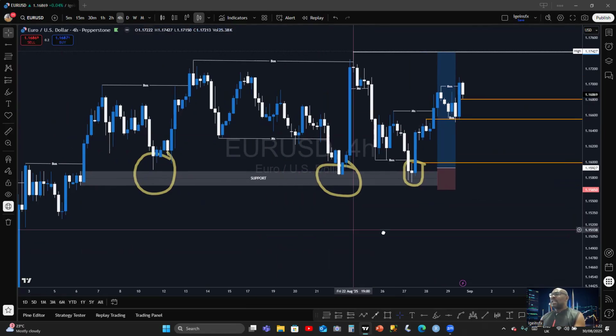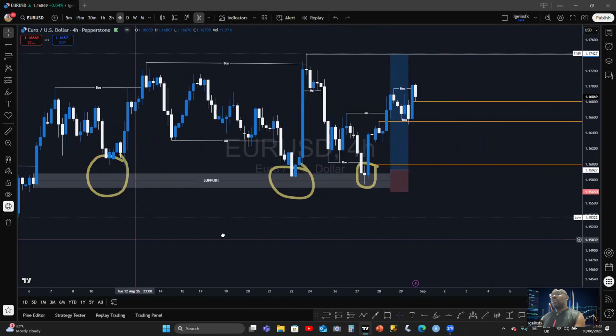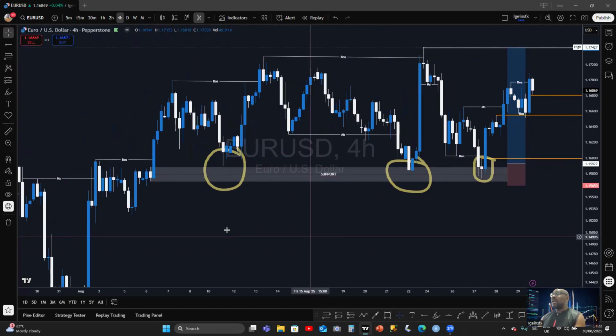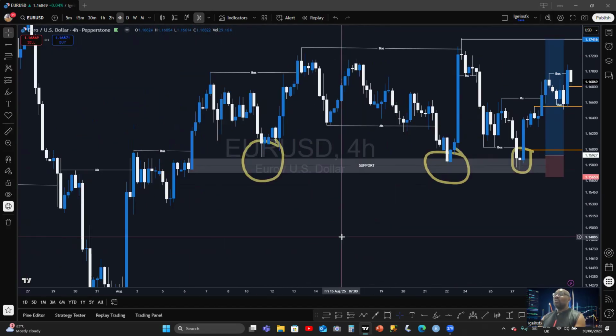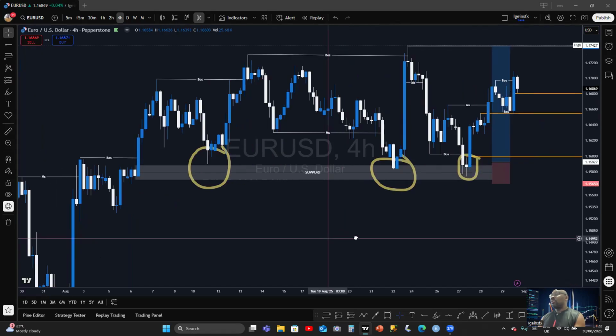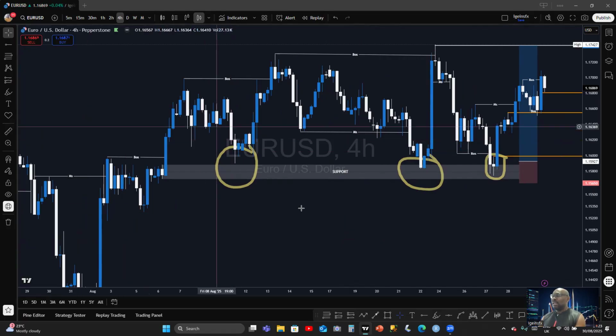So that being said, we already know what a support level is all about, and we already know how to identify a valid support level. And one thing you should take note of is that the higher the time frame, the stronger the support or resistance level is.